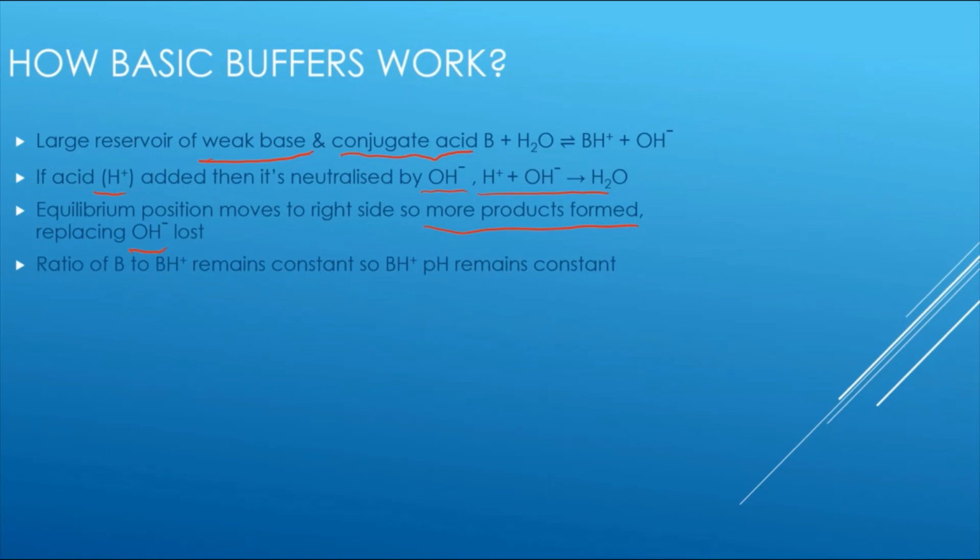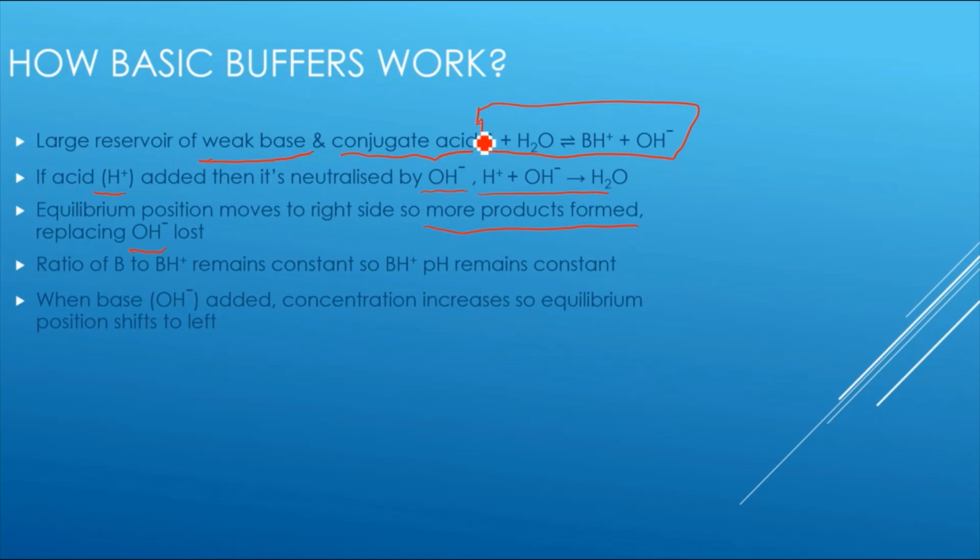So what happens if we add base to this? If we add base, we would be adding OH minus. So what would this do? This would increase the concentration of the OH minus in the solution. Referring back to our original equation, this means that the OH minus concentration increases.